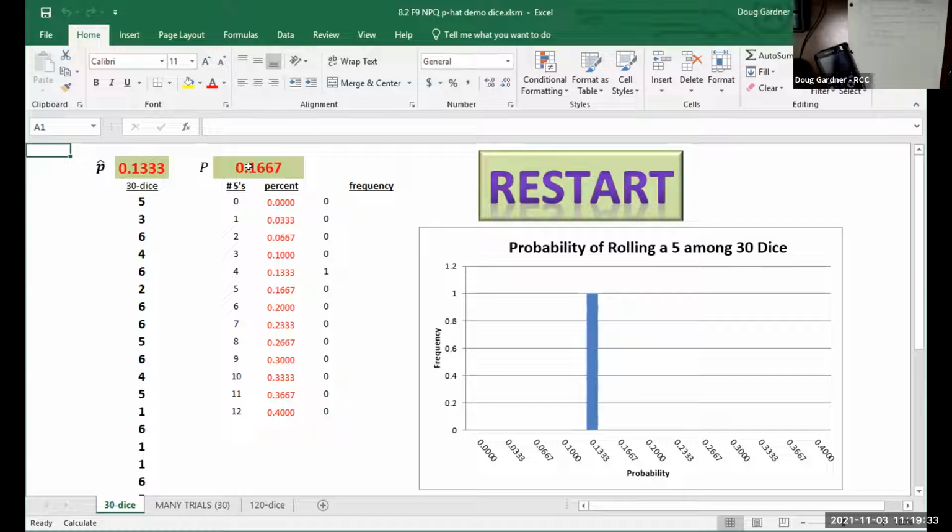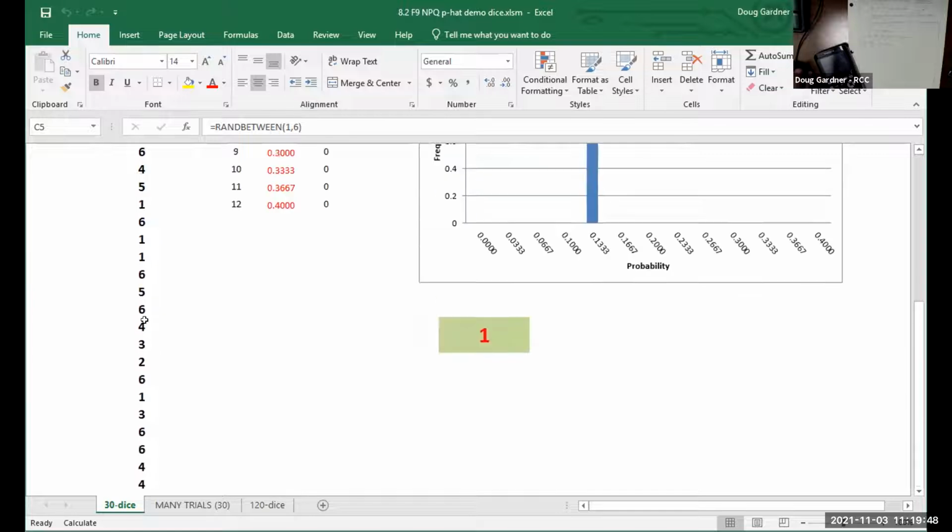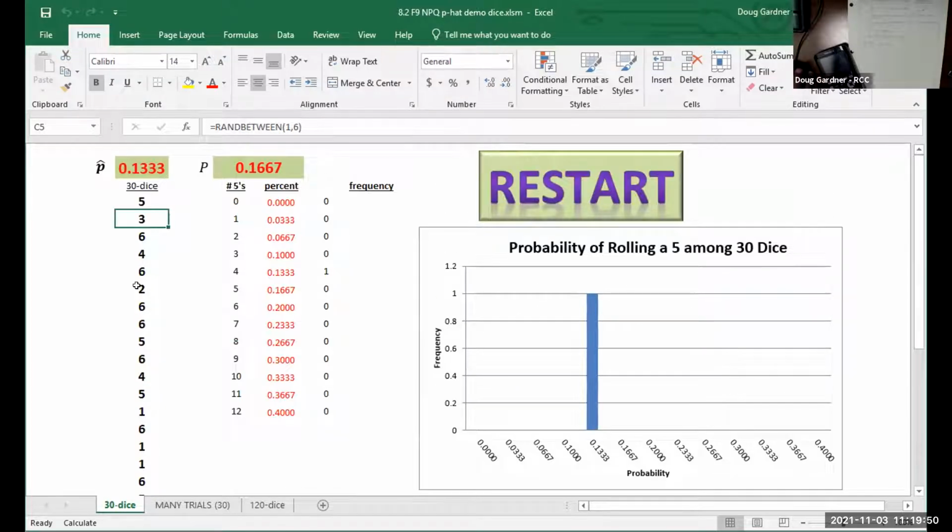And notice, again, this is just kind of neat for you to see, but what did I do to mimic rolling dice? I said ran between 1 to 6. So this was a 3, that was a 6, that was a 4, then a 6 and a 2 and a 6, and you know, all the way down, there's a big list. There's 30 dice down there. And I didn't show you what's behind the scenes here. I didn't show you these frequencies.